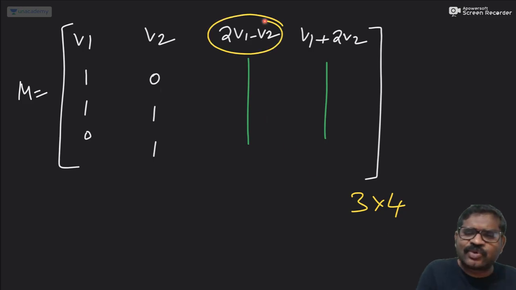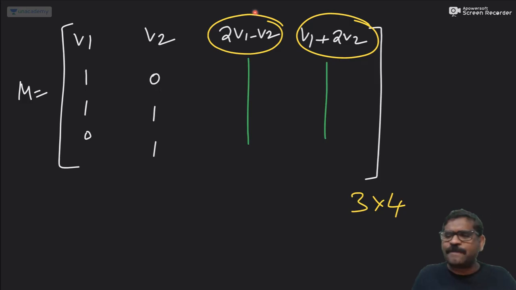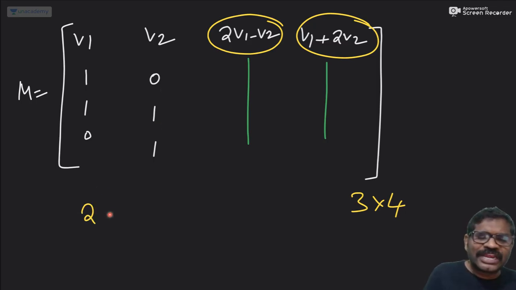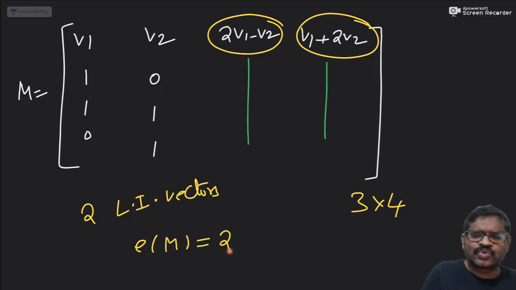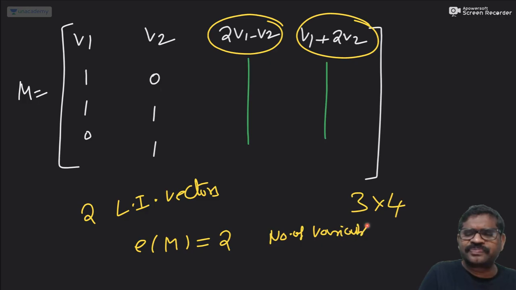By applying suitable operations, 2V1 minus V2 and V1 plus 2V2 automatically become zero columns. That's why 2 vectors are dependent and 2 vectors are independent in columns. So finally, you have 2 independent vectors. Therefore, rank of M is 2. Number of variables equals 4, because number of variables is given by number of columns.